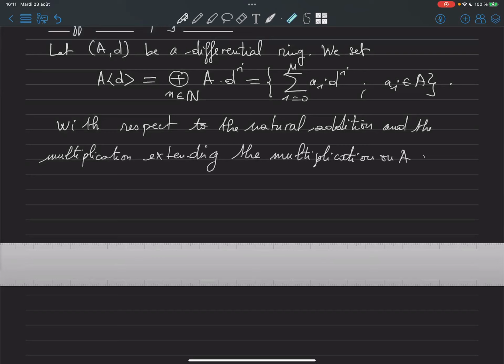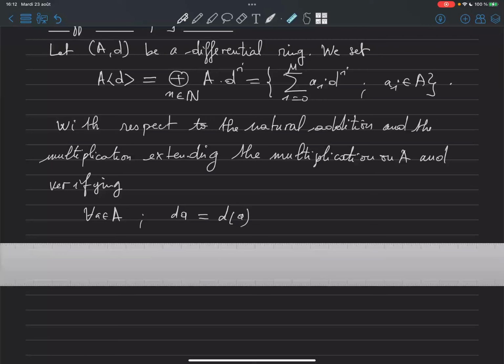We just need to define what exactly D multiplying by an element of A is, and after that everything will follow by induction. Here it's just the image of A by the derivation.